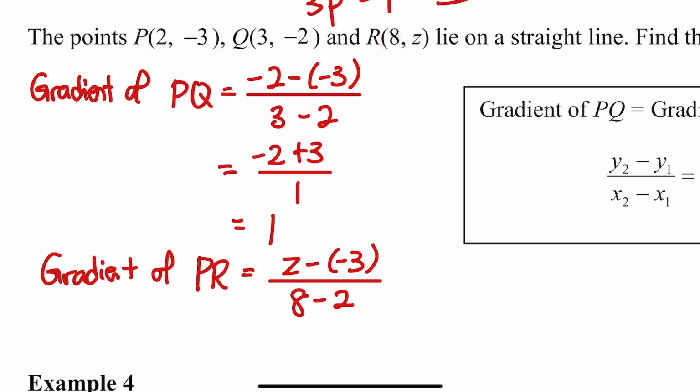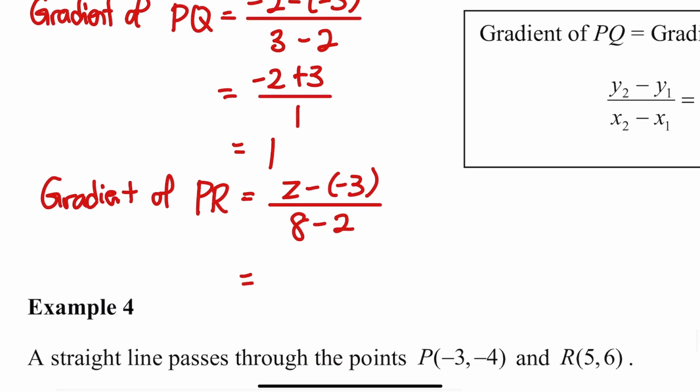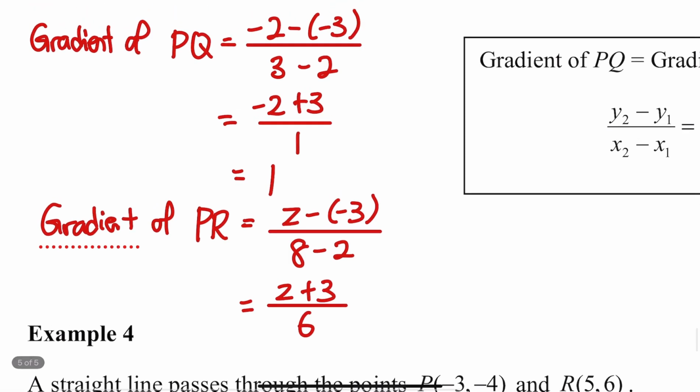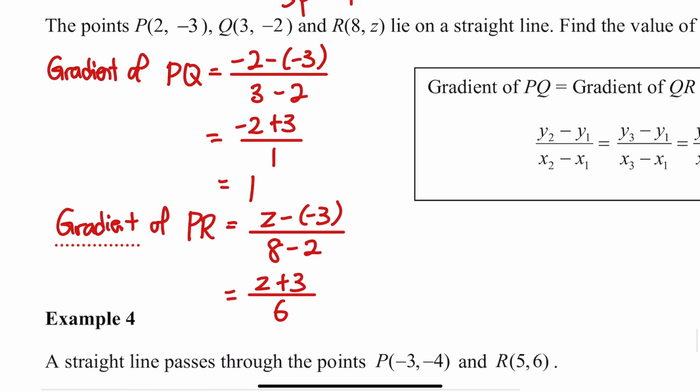Then I simplify this. This will give me z plus 3 over 6. Since they lie on the same straight line, the gradient is the same. So z plus 3, the whole thing divided by 6, is equal to the gradient here, which is 1.